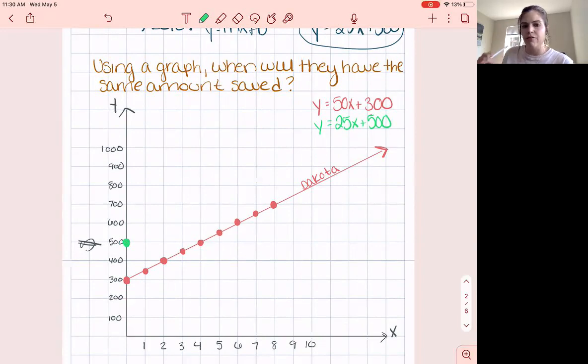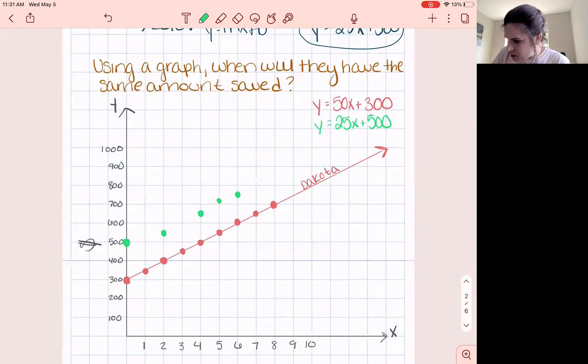He's doing 25 a week. So what I'm going to graph is every 2 weeks, he does half. So every 2 weeks, he gets 50 bucks. That will just make graphing a little easier. So technically, I'm going to have a little dot in between.